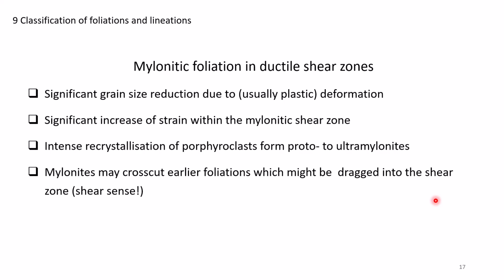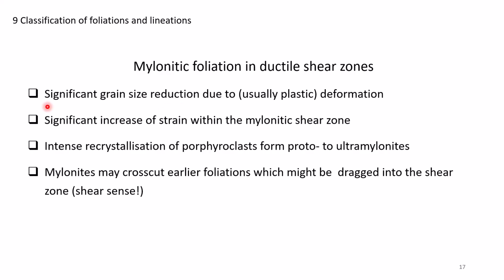The last type of foliation that we need to discuss is mylonitic foliations that are commonly seen in ductile shear zones. The definition or requirement for mylonitic foliations is a significant grain size reduction due to plastic deformation.